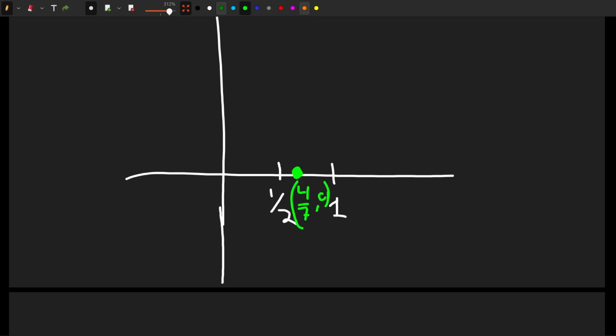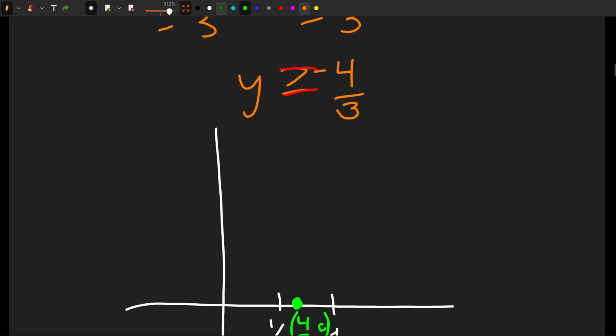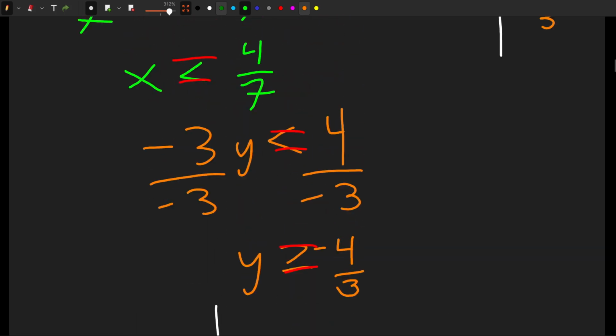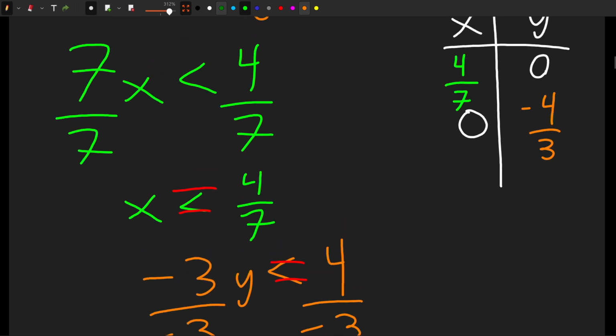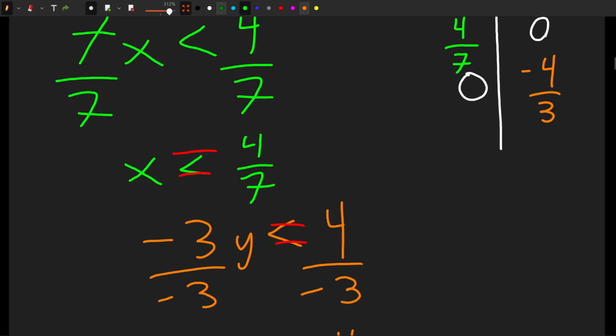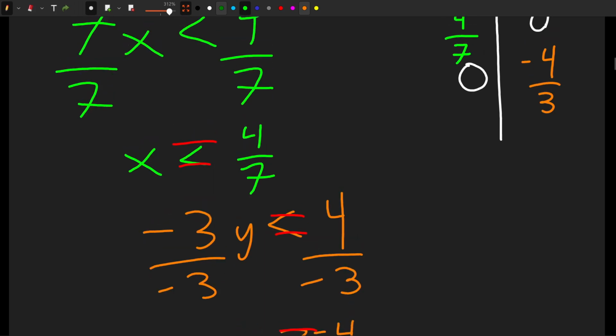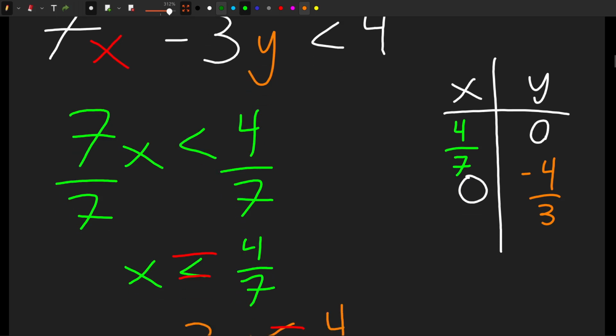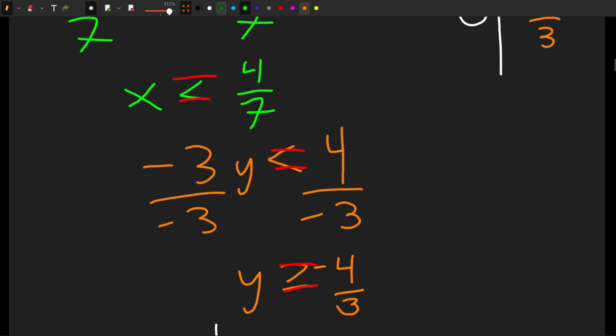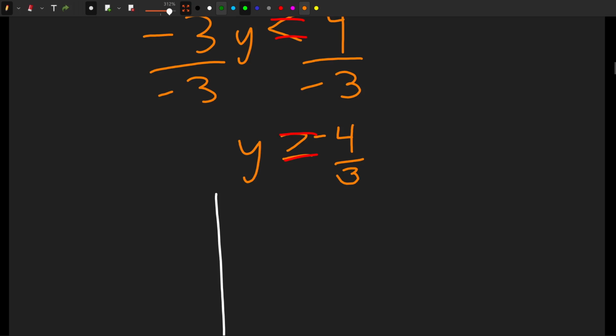Okay. And then negative 4/3, comma 0. Yep, negative 4/3. Sorry, I was double checking something on my notes.